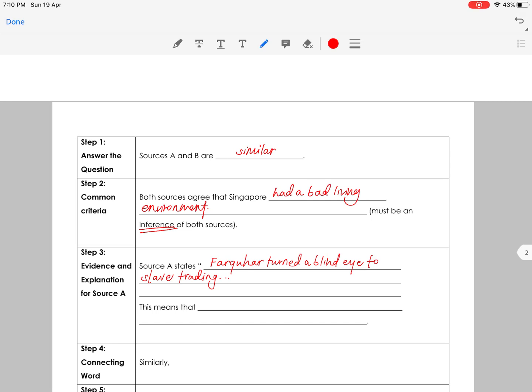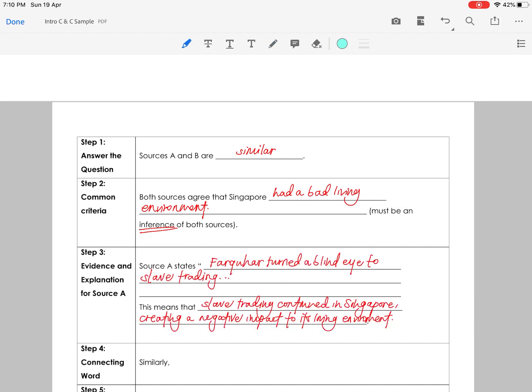This means that, and don't use the ellipsis, this means that slave trading continued in Singapore, creating a negative impact to its living environment.